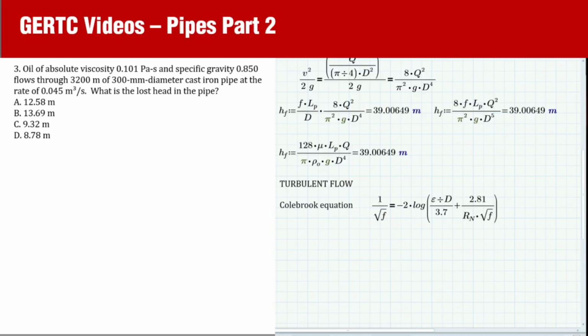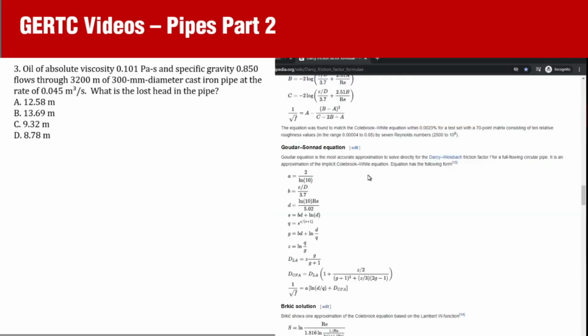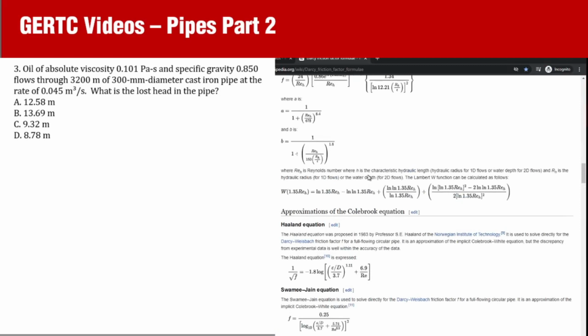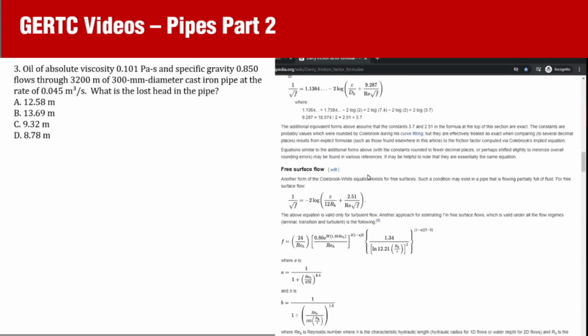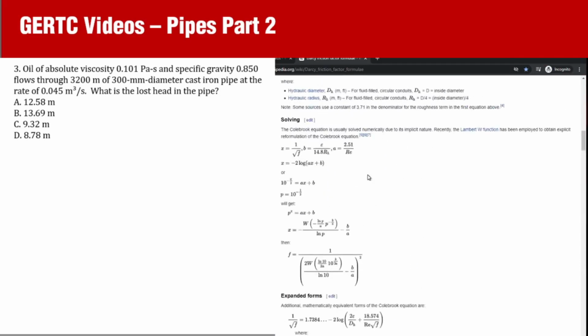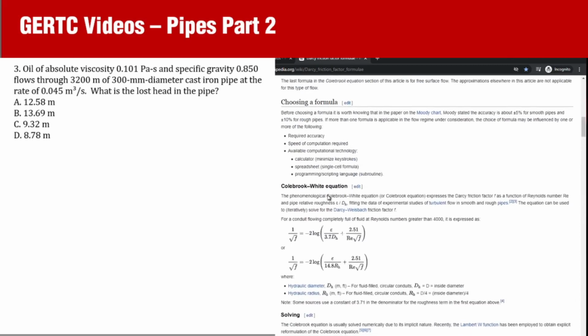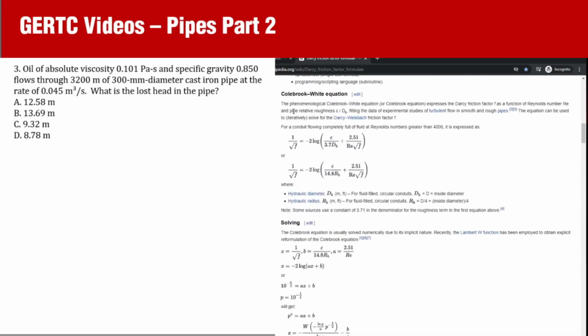I have here a Wikipedia information regarding the Colebrook equation. Ito yung Colebrook equation. So, the phenomenological Colebrook-White equation or Colebrook equation expresses the Darcy friction factor F as a function of Reynolds number and the pipe relative roughness.